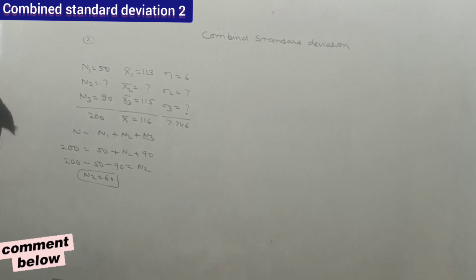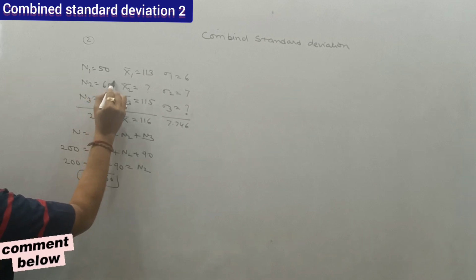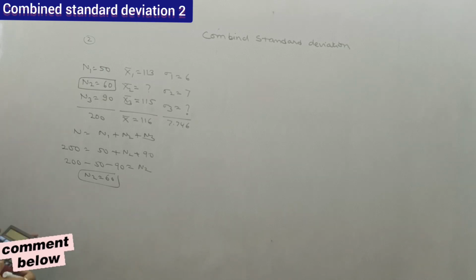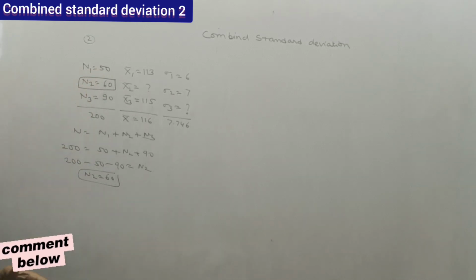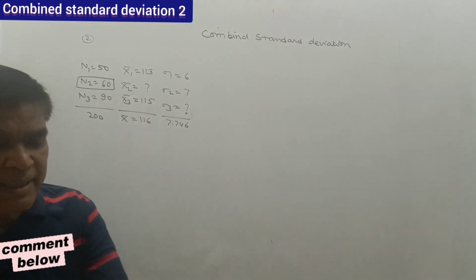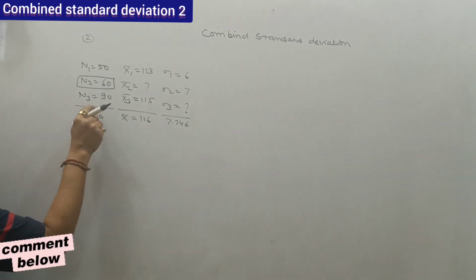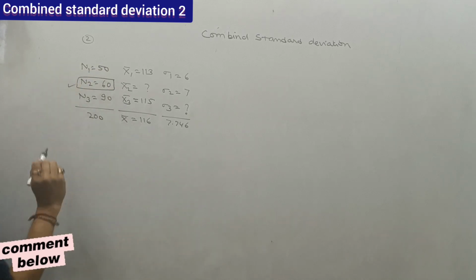Okay. Second, for getting the value of N2, we subtract 90 and 50, that is 140, from 200. 200 minus 140, that is 60.